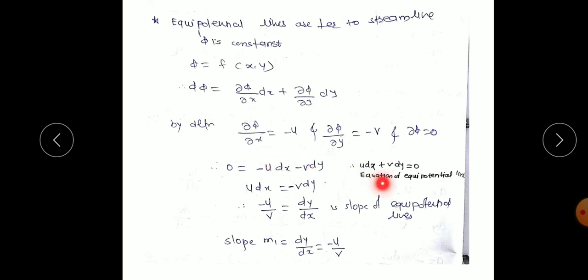This is called the equation of the equipotential line. Again rearranging, u dx equal to minus v dy, taking v to the left, minus u by v is equal to dy by dx. This is the slope of the equipotential line. So we can consider this slope m1 as dy by dx equal to minus u by v. So equipotential lines means where phi is constant, means phi is not changing.